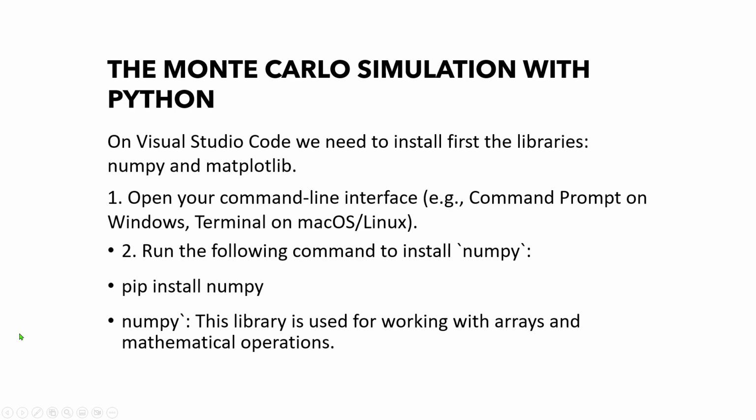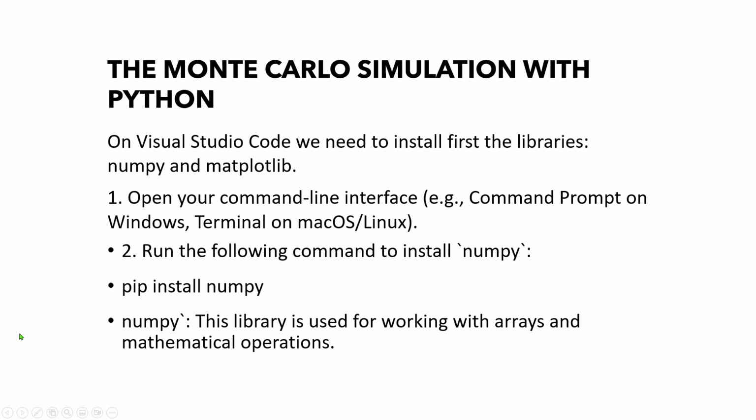On Visual Studio Code, we need to install first the libraries NumPy and Matplotlib. First, open your command line interface, example, command prompt on Windows, terminal on Mac OS or Linux.